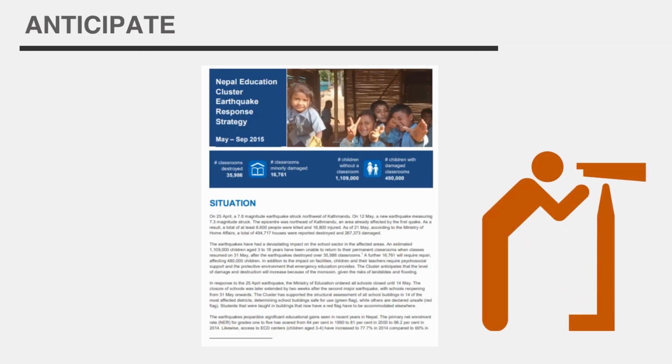Anticipate. For example, when doing anticipatory analysis for education following the Nepal earthquake, we would ask such questions as, what will the consequences be if decision makers decide to focus on rebuilding schools without prioritising temporary emergency education services in the rebuilding period? This forces several other questions.